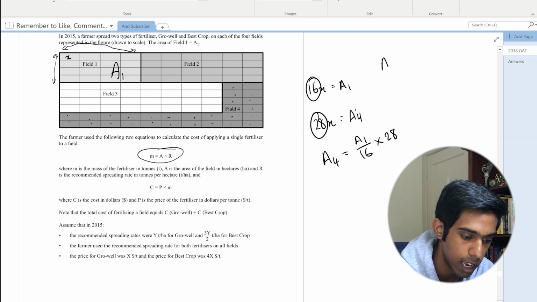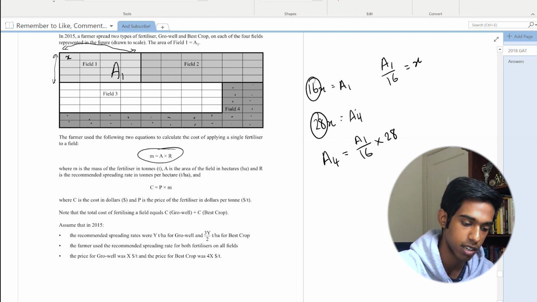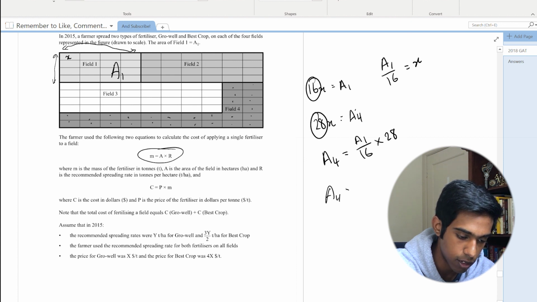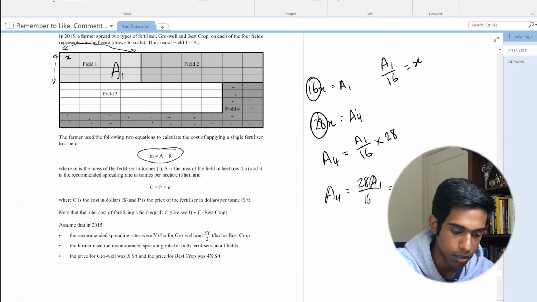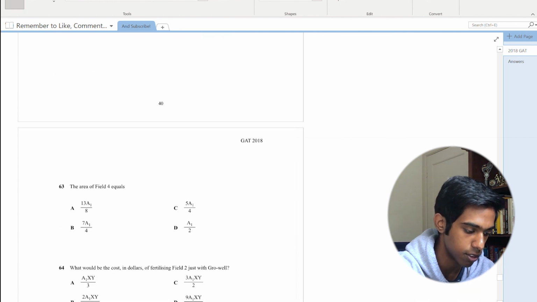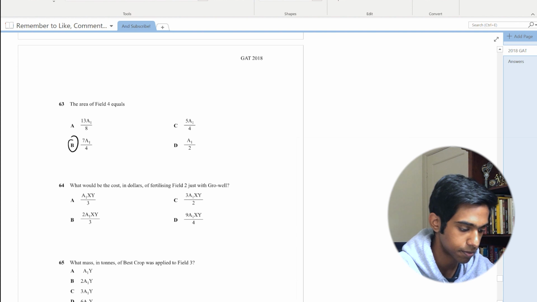So then you know that A1 on 16 equals just x, and then you multiply it by 28. So A4 equals 28A1 on 16, which is 14A1 on 8, which is just 7A1 on 4. And that will give you the answer B.